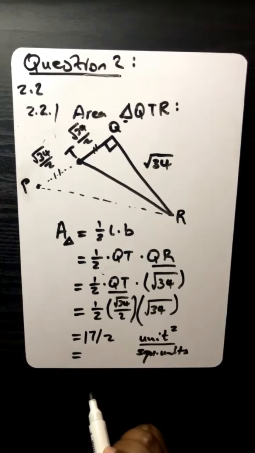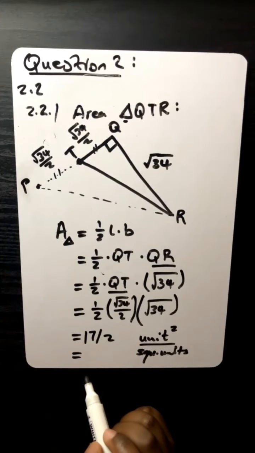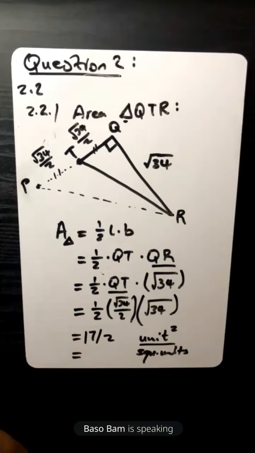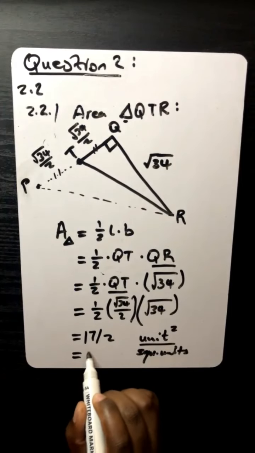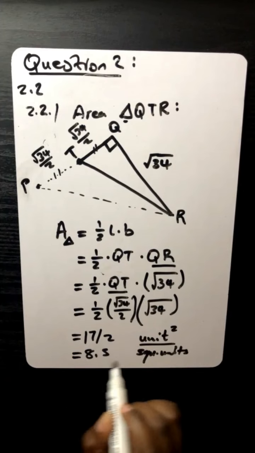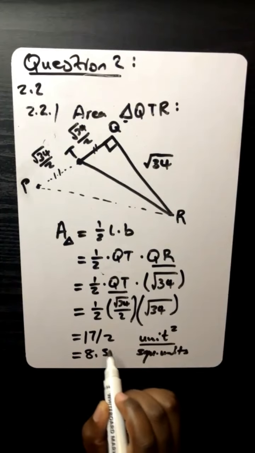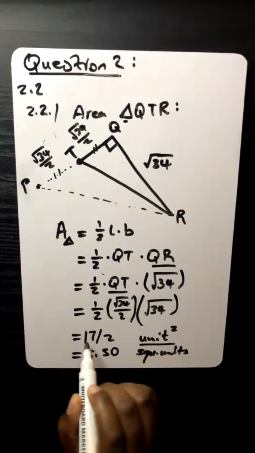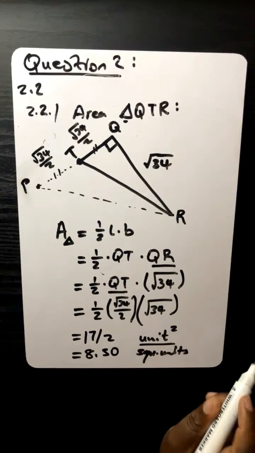And what is it in the form of a decimal? 8,5, sir. So it's 8,5 square units. Is it just 8,5 if there's no other decimal?